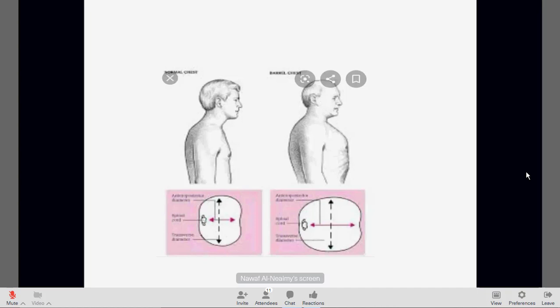Examples of abnormally shaped chest ممكن انه يكون عندنا what's called the barrel chest، اللي هو هذا. The image on the right. هذا ايش يبين هون عندي؟ يبين انه the transverse diameter is almost equal to the anterior-posterior diameter. But this gives the chest the shape of a barrel.